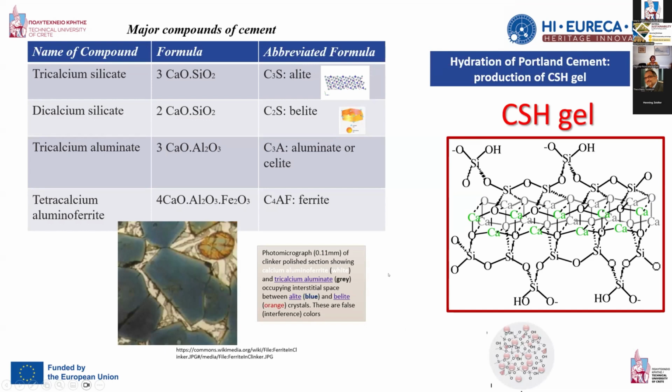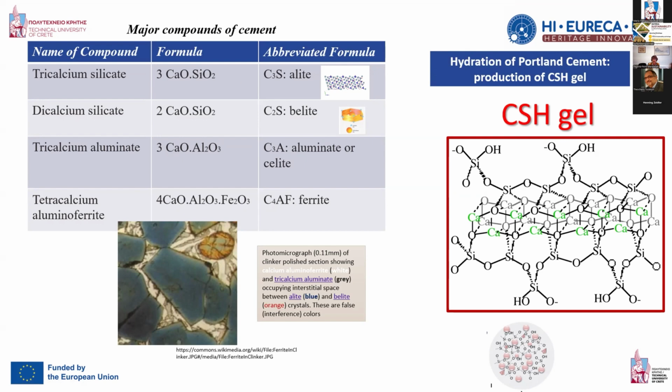Going on with the main components that are formed during the cement production and hydration, we need to point out that there are four main formulas: the tricalcium silicates, dicalcium silicates, tricalcium aluminates, and tetracalcium aluminoferrite. Here you may see some structures of those formulas under the microscope.